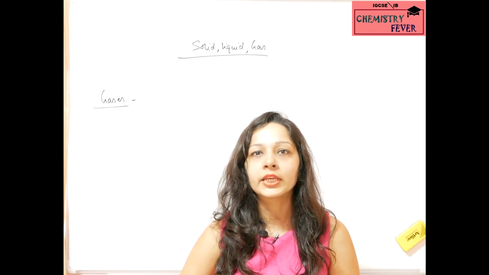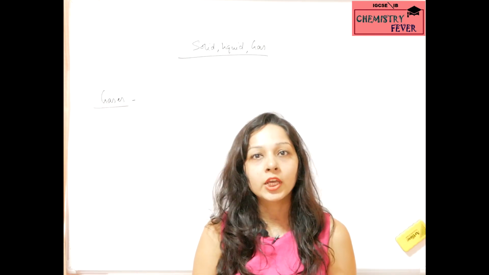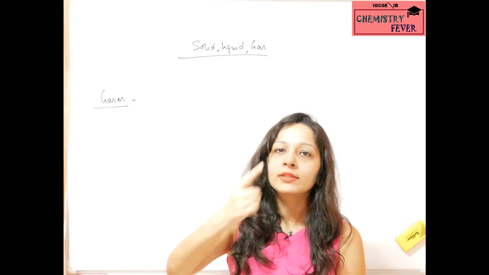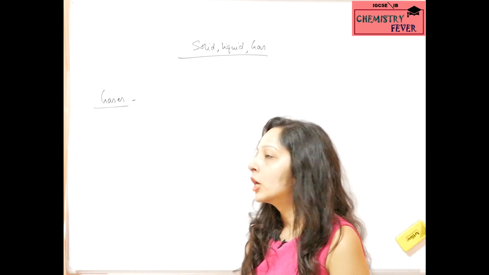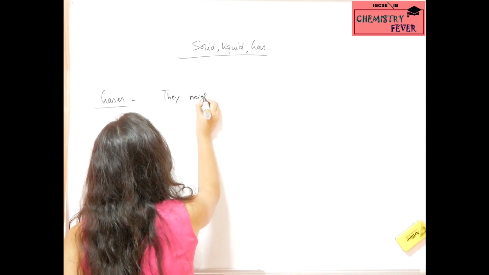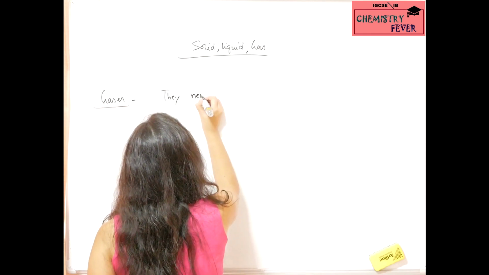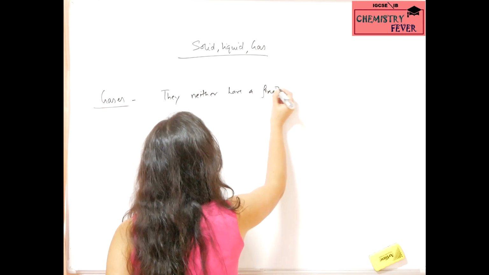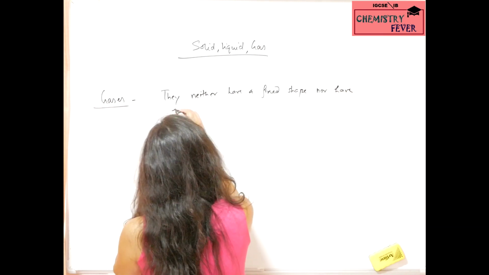It means the gas particles can move far because the molecules have the least force of attraction between them, and they occupy the whole space available to them. If you enclose them in a cylinder, it will occupy the full cylindrical space. If you leave the gas in a room, it will occupy the full room, right? So gases neither have a fixed shape nor a fixed volume.